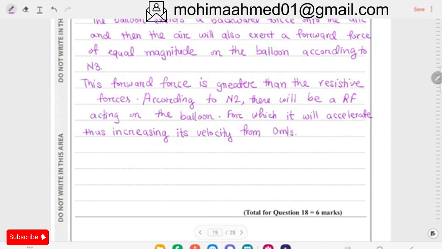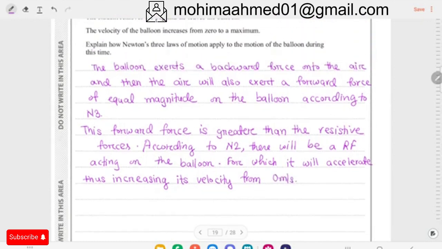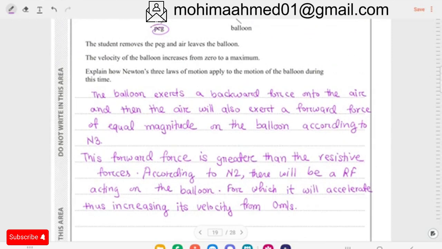Okay, now again, at the maximum velocity, they also stated that from 0 to maximum, that means you have to state what happens at the maximum velocity, why the object reaches maximum velocity.